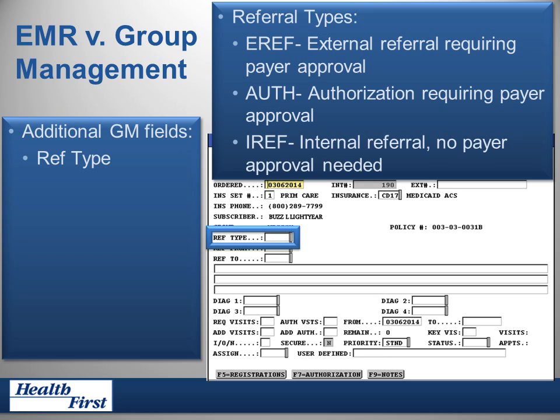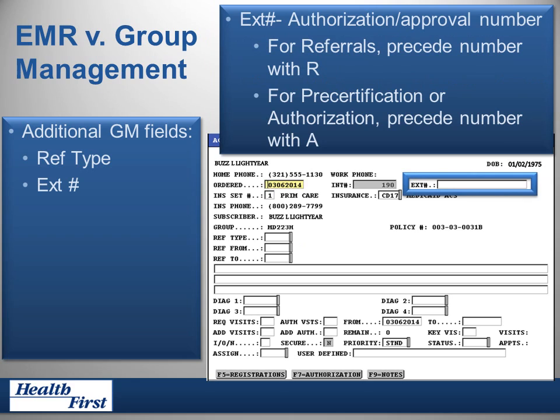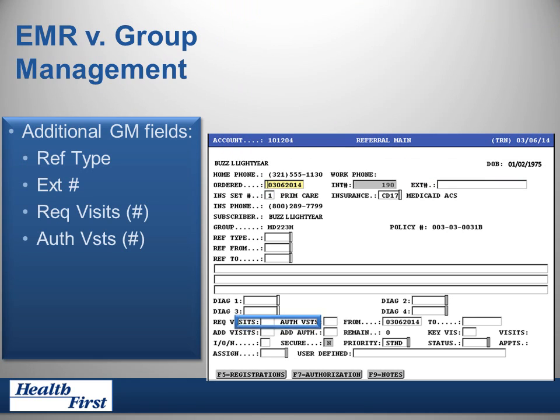A few additional fields need to be completed in the Group Management form. First is the referral type: external referrals requiring payer approval, authorization requiring payer approval, or internal referral, no payer approval required. The authorization or approval number should be preceded with an R for referrals or an A for authorizations and pre-certifications.